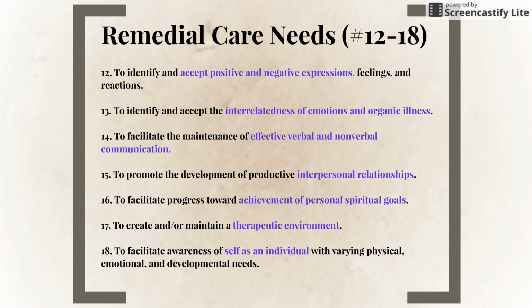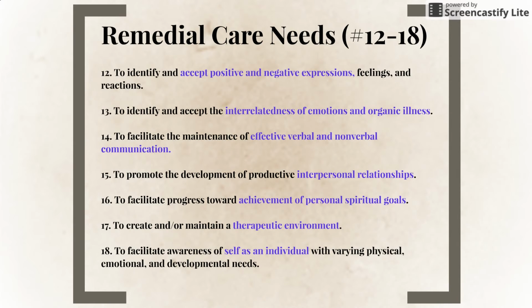Remedial needs are problems 12 through 18 on the list. These include identifying and helping the patient to accept positive and negative expressions, feelings, and reactions, and identifying and accepting the interrelatedness of their emotions and their organic illness. A patient who has a heart attack may feel a sense of depression, and they are linked.